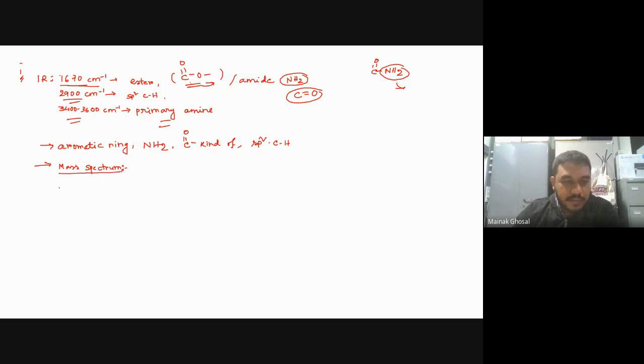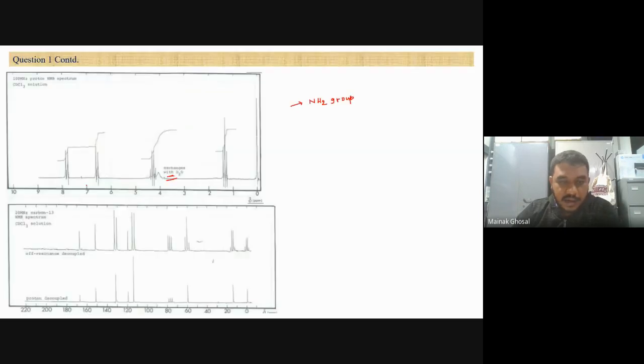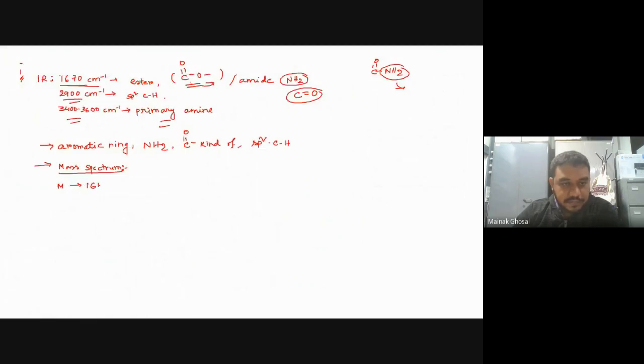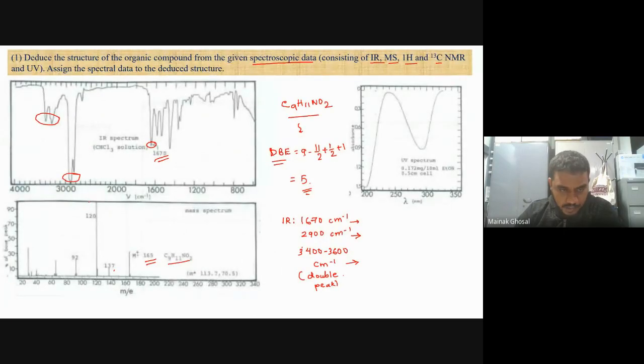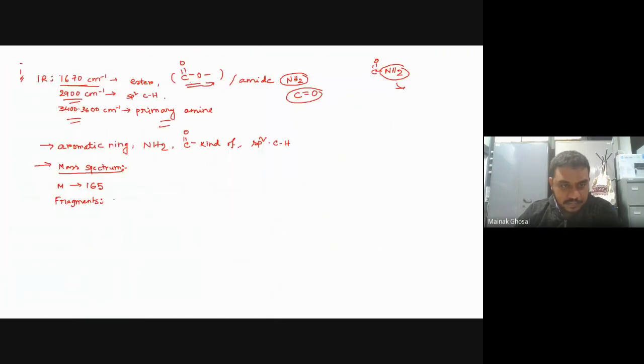The molecular ion peak is at 165. Now we get fragments 137, 120, and 92.